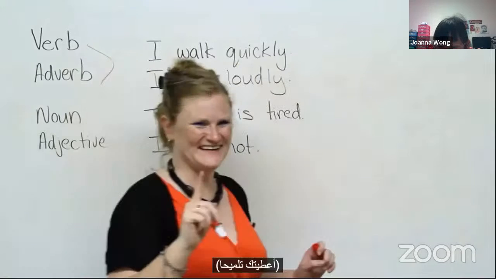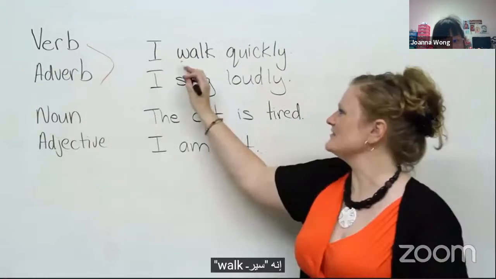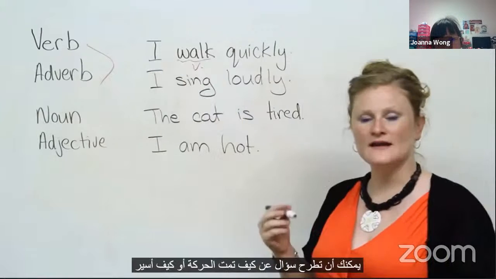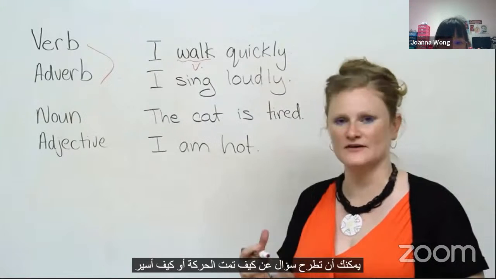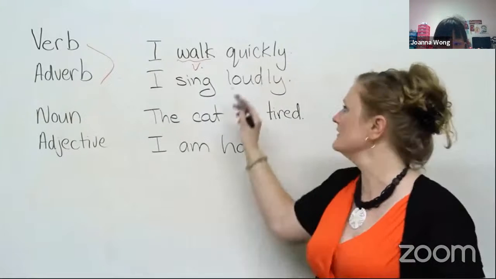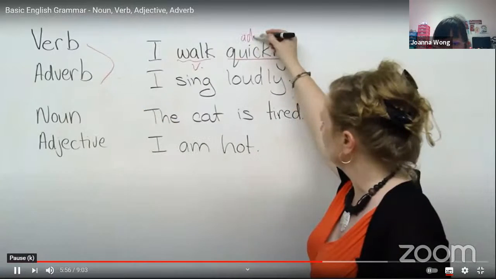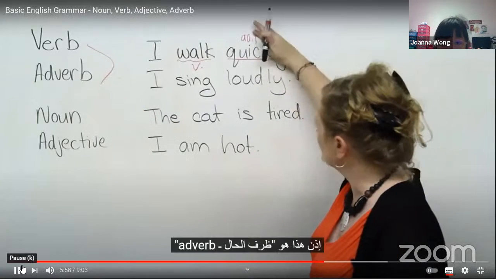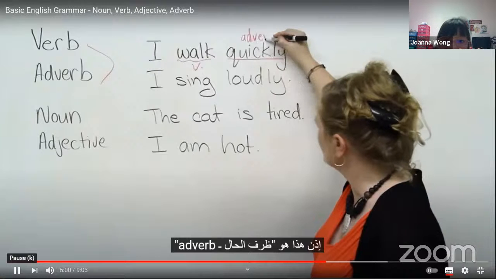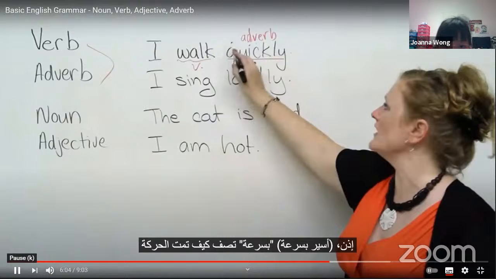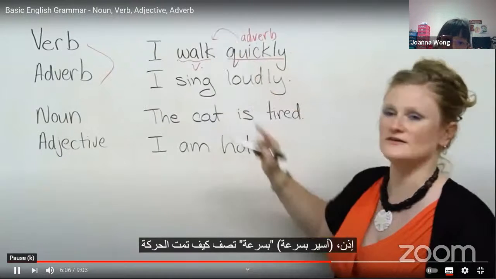I'll give you a hint. It's walk. You can ask the question, how is the action done, or how do I walk? And the answer is going to be your adverb. The answer is quickly. So, I walk quickly. Quickly describes how the action is done.